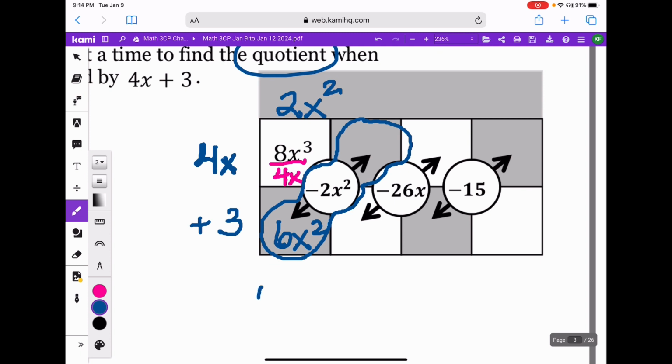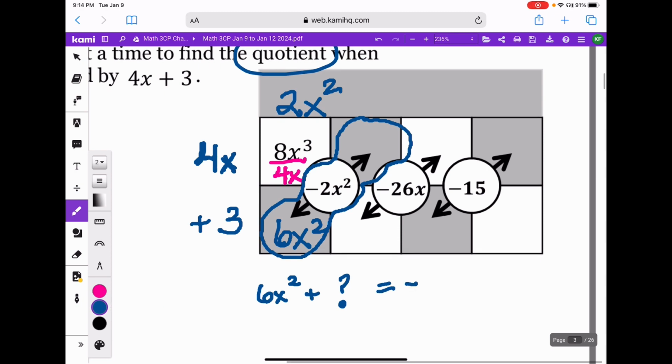So we started with 6x squared. So I'm looking for something that's going to equal the negative 2x squared. So that is the question mark, is that top box right here. So I'm just going to subtract 6x squared from both sides.